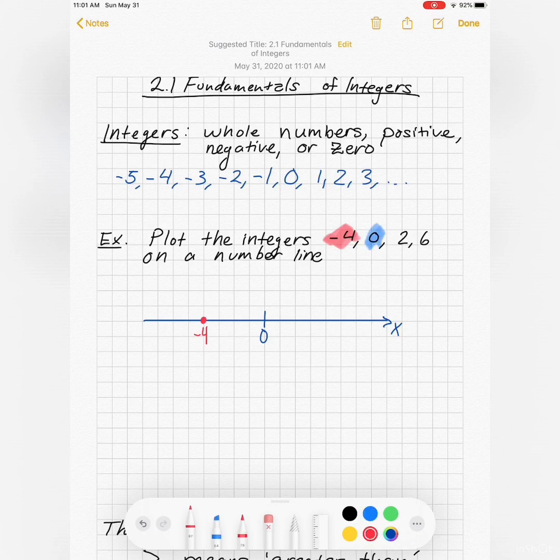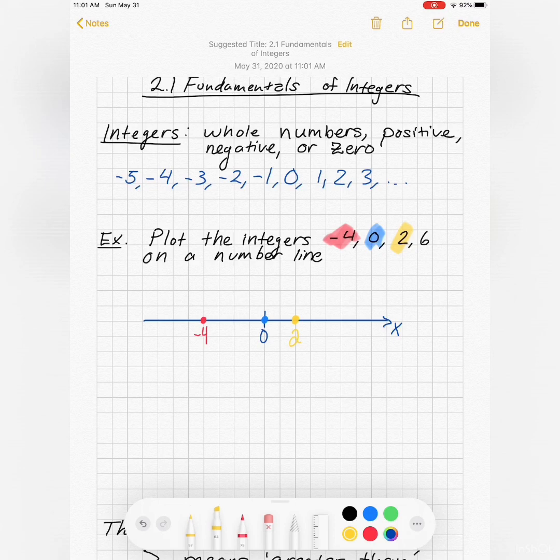Let me plot 0. Well, that's easy. 0 is already here. Let me put a dot there. Let's plot 2. So that's +2, so I go 2 units to the right. So here's the integer 2.